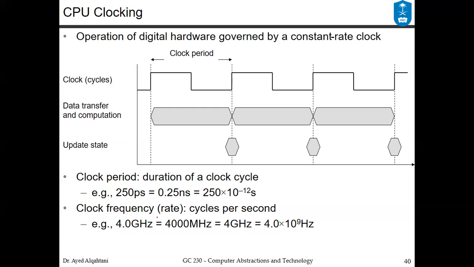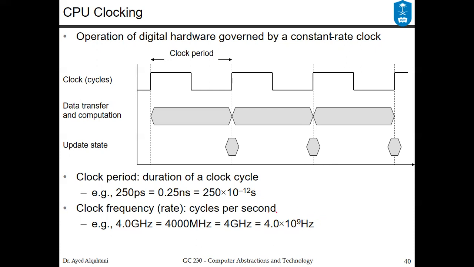The clock frequency is the rate, which is how many cycles per second. You get this amount by taking the reciprocal of the clock period. Some examples are 4 gigahertz, giga being 10 to the power of 9, or 4,000 megahertz. Mega is 10 to the power of 6, which means, for example, 4 gigahertz, as we said, is 4 times 10 to the power of 9 hertz.